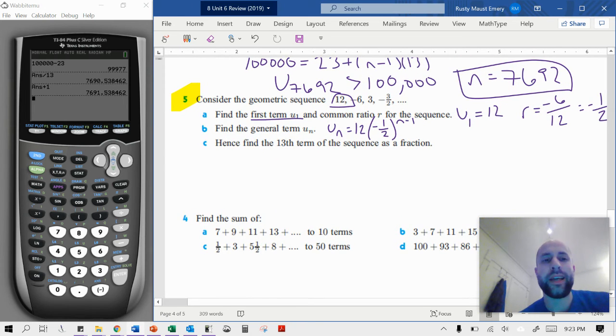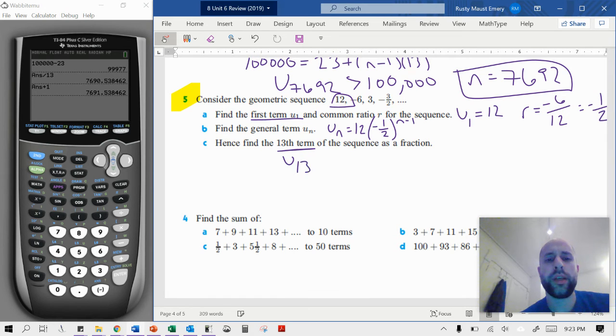And then it says, hence, find the 13th term. So u sub 13, and this is just plugging in, and it says give the answer as a fraction. So when I plug this in, I have 12, and then negative 1/2 to the power of 13 minus 1.